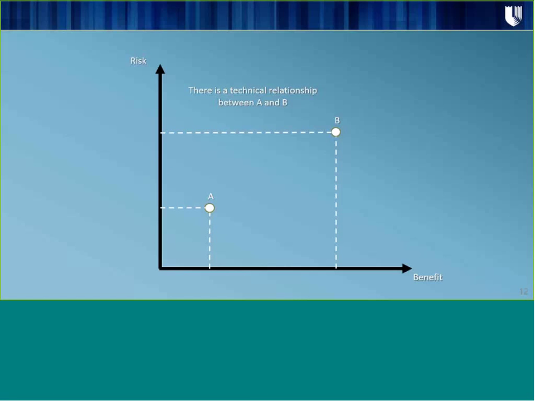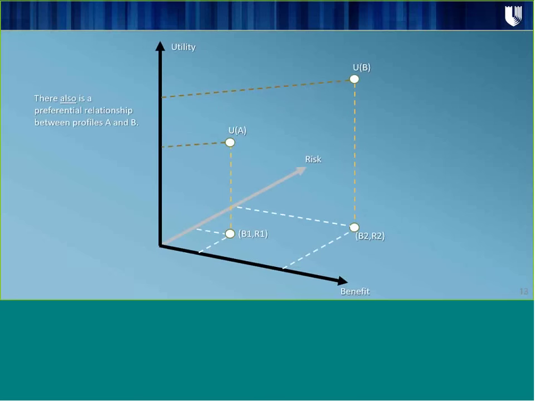It is revealed by the clinical trial data. But in addition to that technical relationship, we acknowledge that there's a preferential relationship, that is, a relationship that establishes how each of those combinations affect respondents' well-being. And we call that level of well-being utility, which is something that Reed mentioned before.